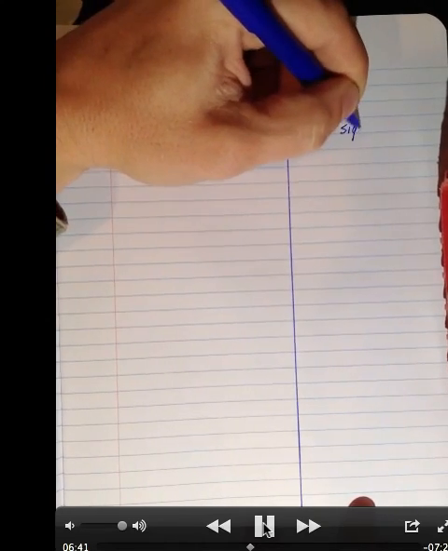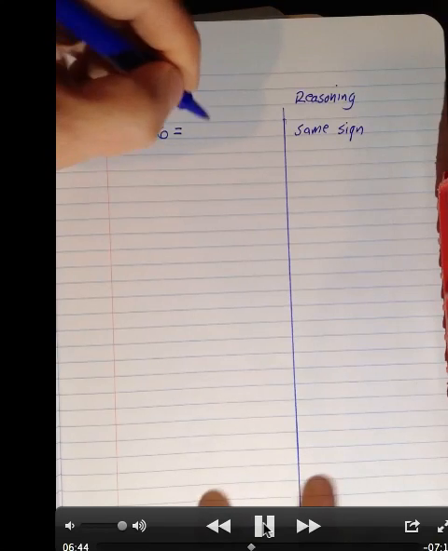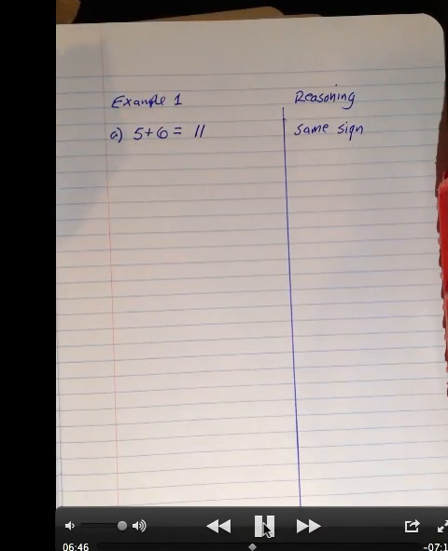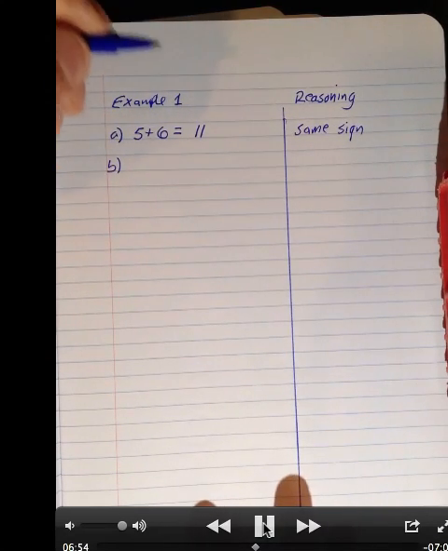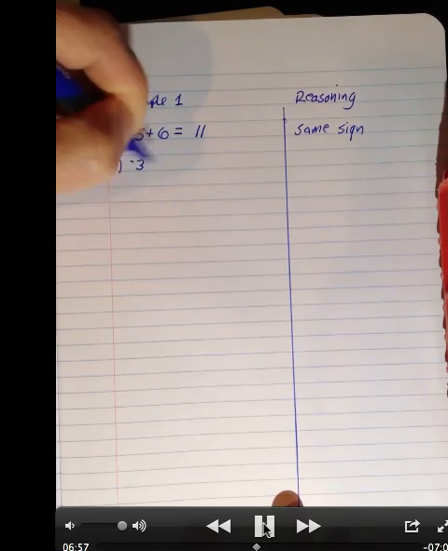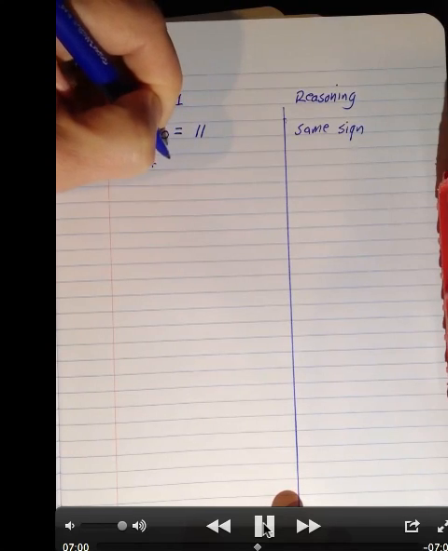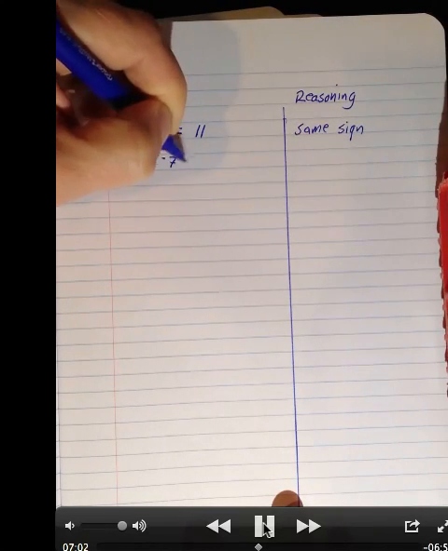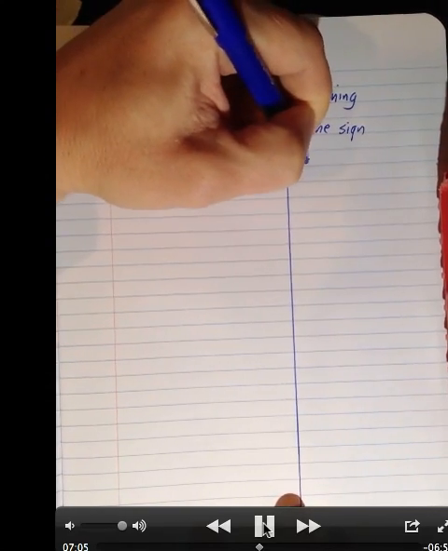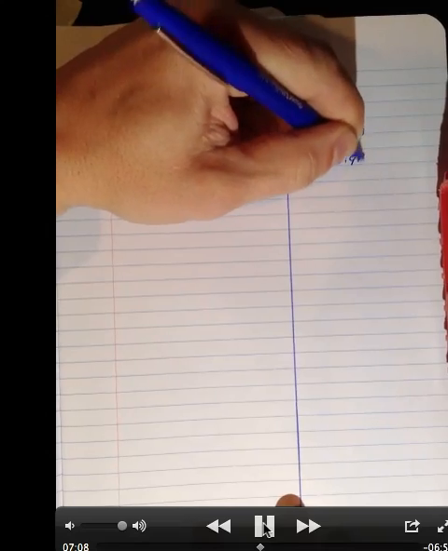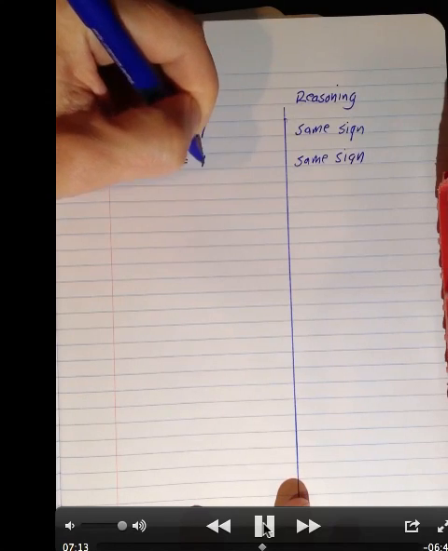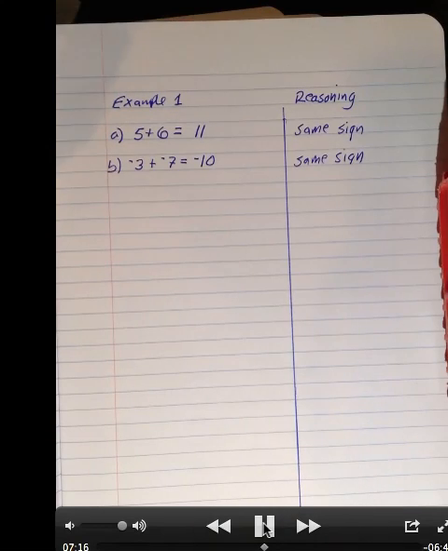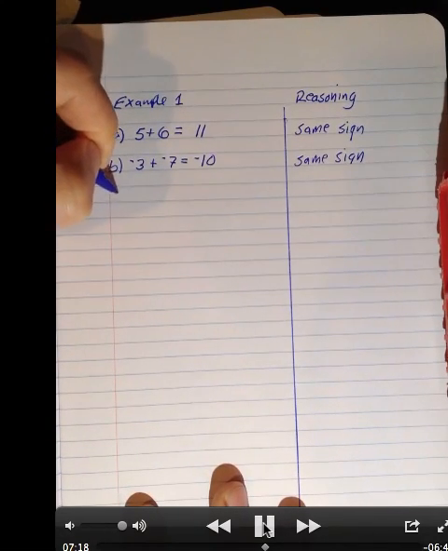They're both positive. So that just means we add them together, and the answer is 11. Negative 3 plus negative 7 have the same sign as well. So that means we add those. 3 plus 7 is 10, and give it the sign of the two integers, so it's negative.